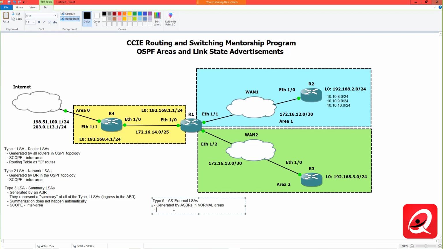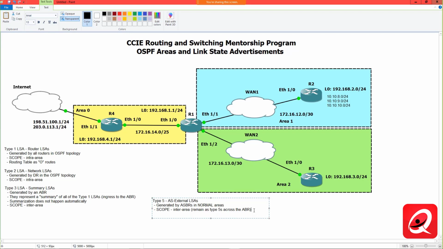All right, the scope is inter-area, and they remain as type 5s across the ABR. So even though they start as type 5s, when they cross the area border router, they stay type 5s.